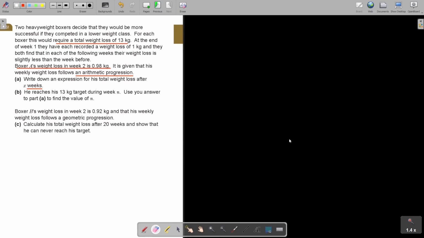Okay, so then I'll just do this. Number B, that's actually number C. Boxer B's weight loss in week 2. So remember, it's end of week 1, week 2, week 3, but it's still term 1, term 2, term 3. And don't forget that it was first just 1. Okay, and then it goes a little bit lower.